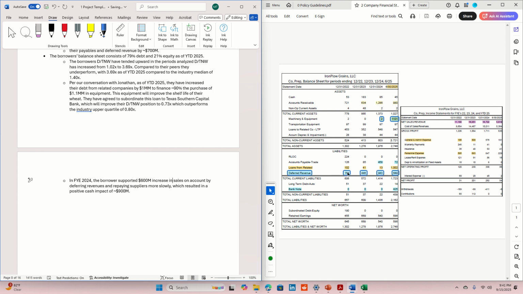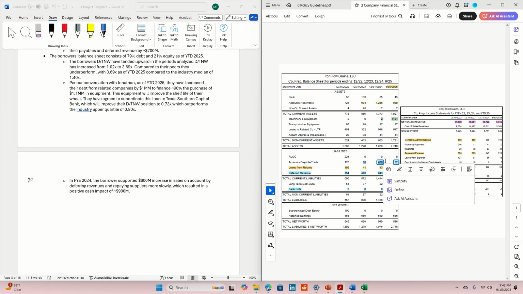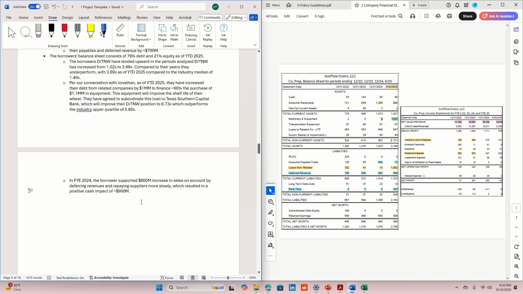And as we see, they deferred $500,000 worth of revenues between 22 and 23, and then they paid suppliers more slowly, basically borrowing from their suppliers about $400,000 worth of cash, so around $900,000.